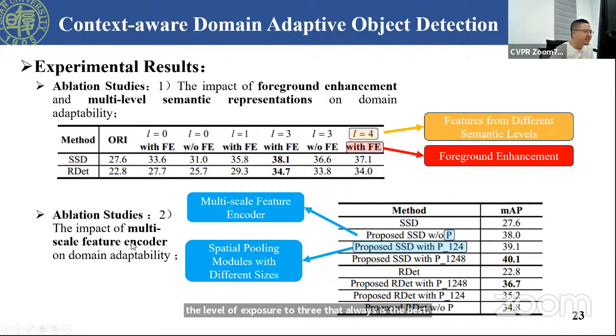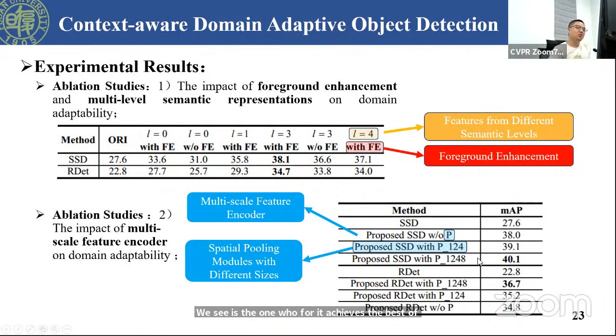And in the second study, we study the impact of the multi-scale feature encoder functionality, and we found the proposed method with our multi-scale pyramid path P, which is 1, 2, 4, 8, achieves the best performance.